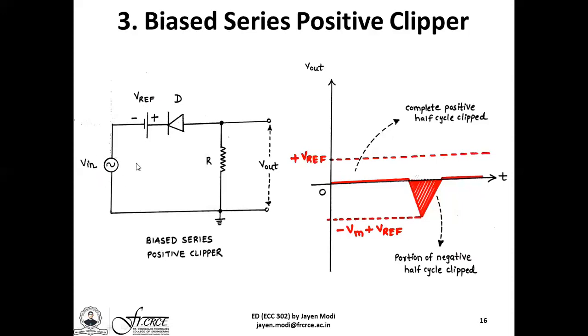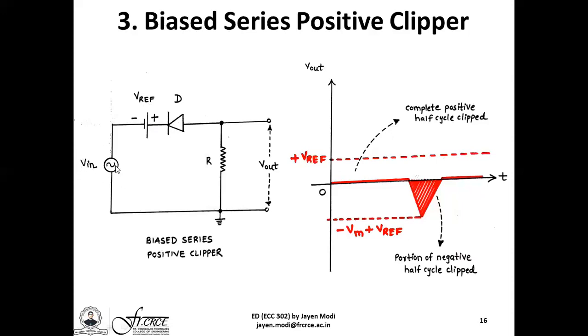During the positive half cycle, although the topmost part is plus and the bottommost part is minus, the diode is already reverse biased thanks to the battery reference voltage Vref. And this is in addition to the positive half cycle of the AC input signal Vin.